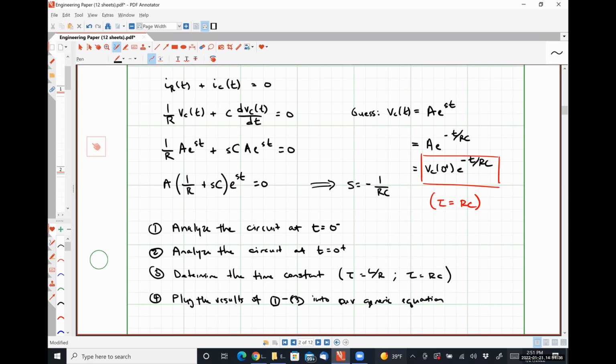So let's analyze an RC circuit. Find one here somewhere. All right, looks like I'm going to make one up.